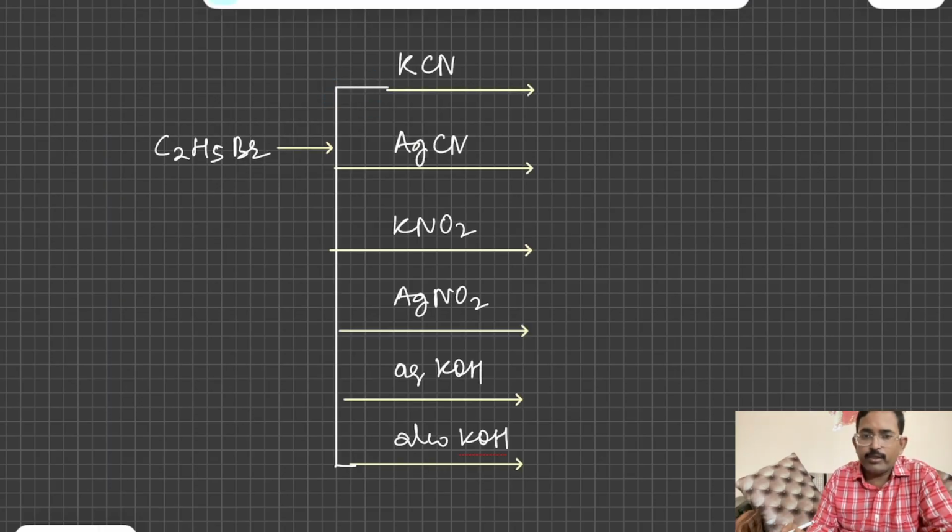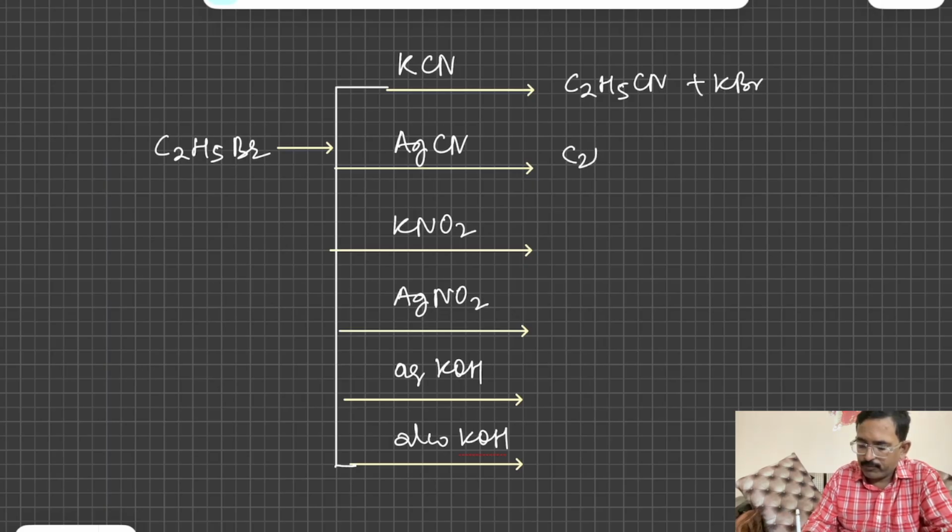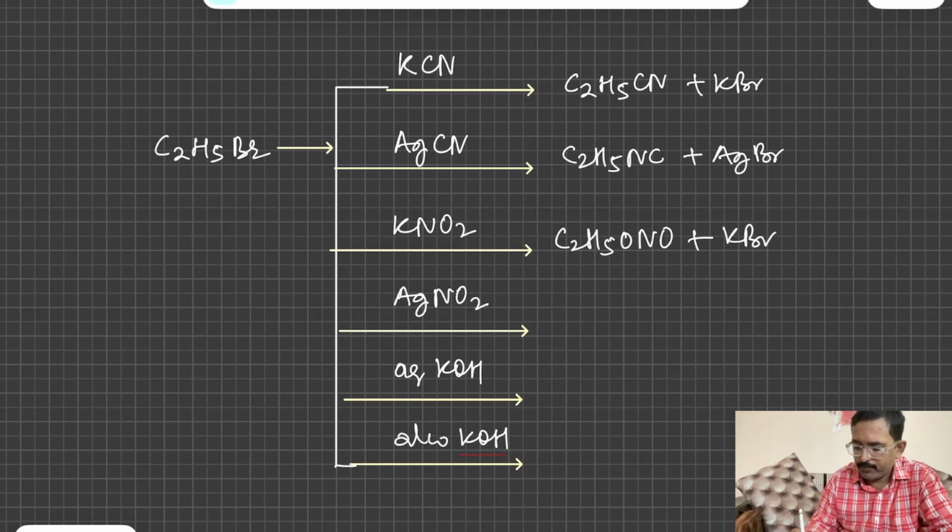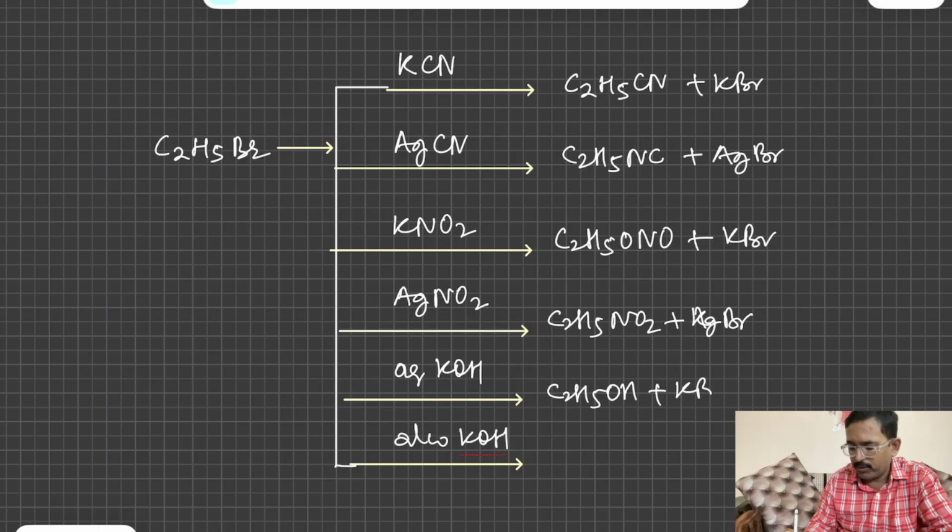So in the first case, can you recall this? The formation of C2H5CN along with KBr, formation of C2H5NC along with AgBr, formation of C2H5ONO along with KBr, formation of C2H5NO2 along with AgBr, formation of C2H5OH along with KBr, and last but not least, formation of CH2=CH2 along with KBr and H2O.